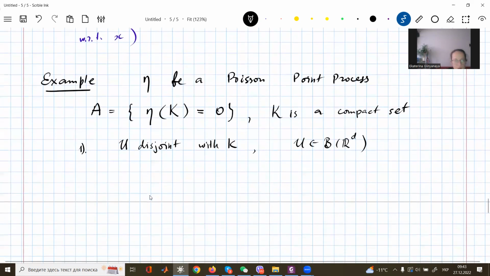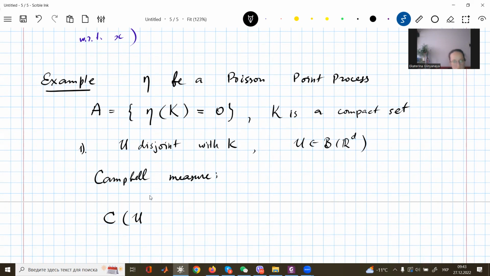Then the Campbell measure, by the definition, C of U times A. Here U is a subset of R^d and A is a random event.